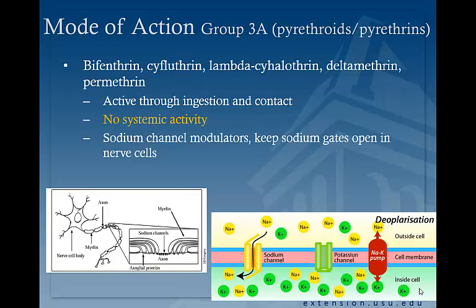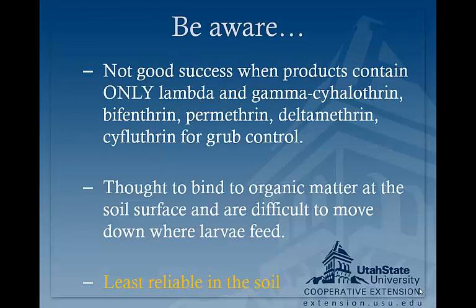So that's the way this group of insecticides works. Whether you have bifenthrin or permethrin, they all work in this way. They're targeting a specific part of the nervous system. I just put this up because in terms of grub control, we haven't had good success with these. Why? Bill bugs are in the stems of turfgrass to start off with, and then they eat their way down to about the root zone, and then they feed on the roots.